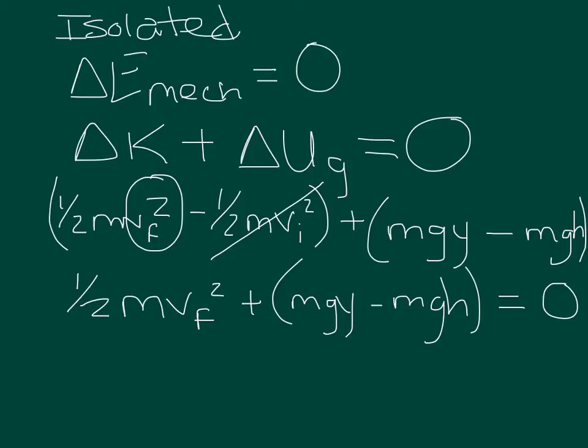Ultimately what I want to do is solve this for that final velocity. So now all I have to do is simplify this equation to solve for my final velocity. Let's get a new page here. Okay, so we would have 1/2 mv final squared, and that's going to be equal to, let's subtract that quantity of gravitational potential energy.